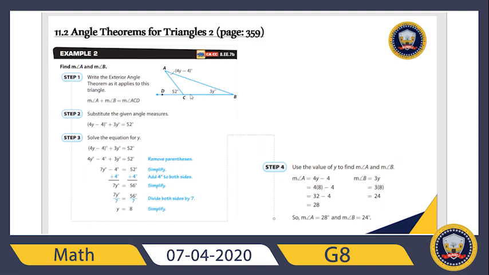The other way, I would say this total angle here is 180, and I know that this angle that I'm looking for, which is ACB, plus 52 gives me 180. So my angle will be 180 minus this angle, which is 52, and gives me the exact measure of ACB.